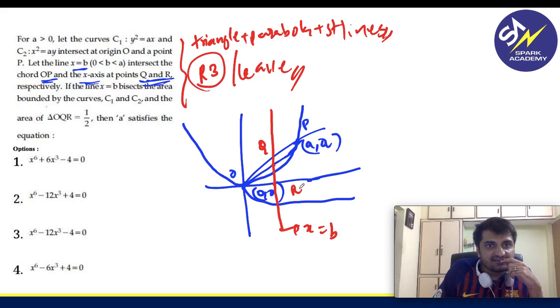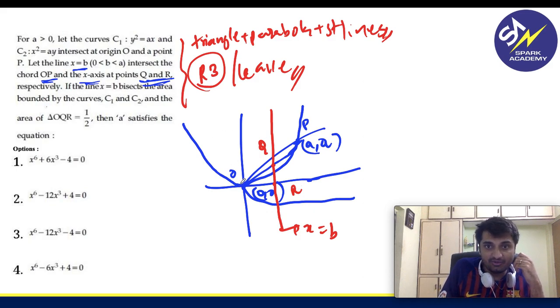Now they are asking us, and x equals b bisects the area bounded by the curves C1 and C2 and the area of the triangle OQR.